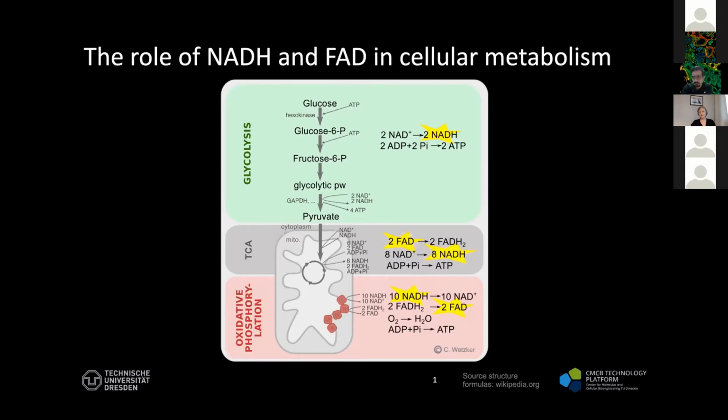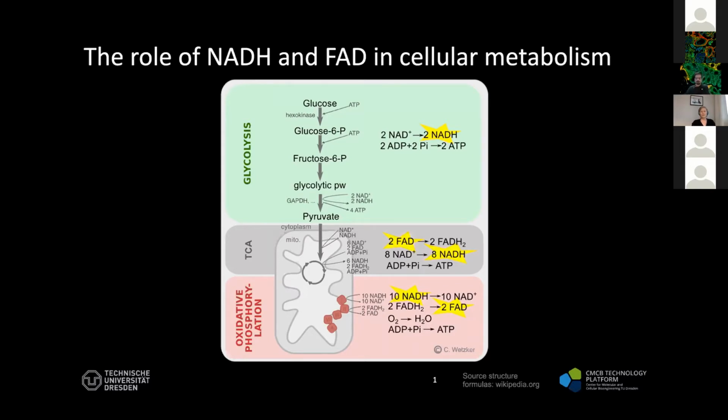These enzyme complexes sit in the inner mitochondrial membrane, and this in the end provides the driving force to produce sufficient and high levels of ATP. Okay, so NADH and FAD are the key coenzymes for this process.